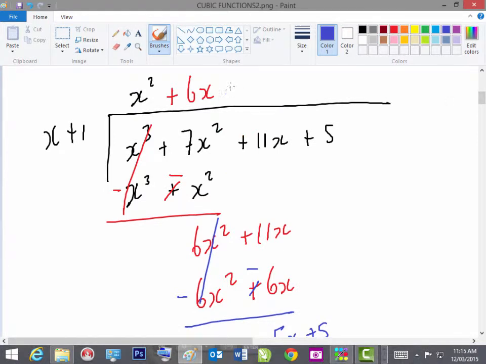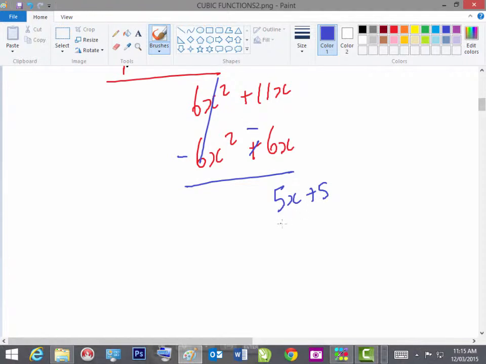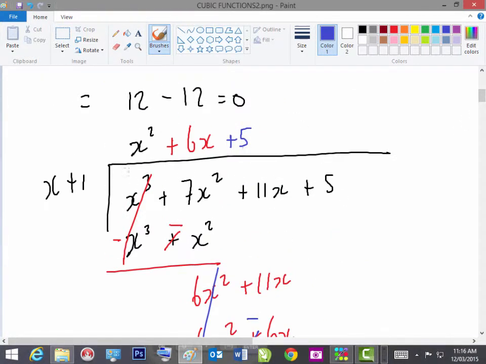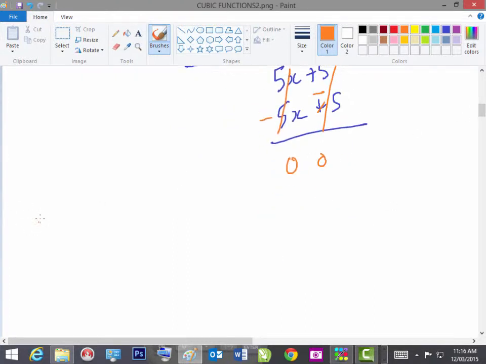Right, so I need to multiply x to get 5x by 5. 5 times x is 5x. 5 times 1 is 5. Change the signs. Cancel, cancel, 0, 0. So my equation looks like this now.